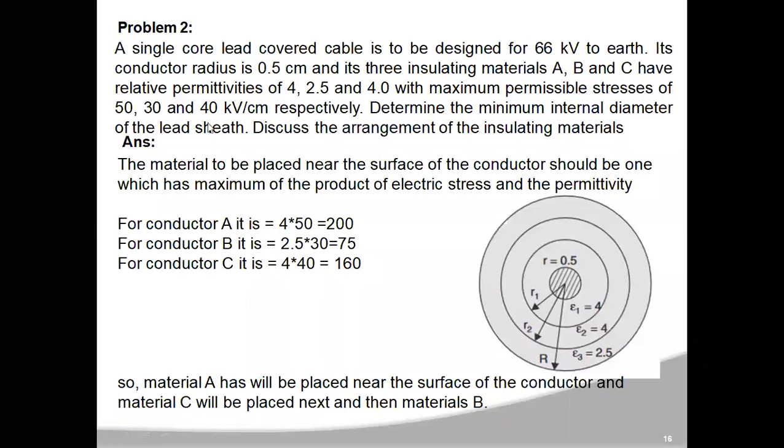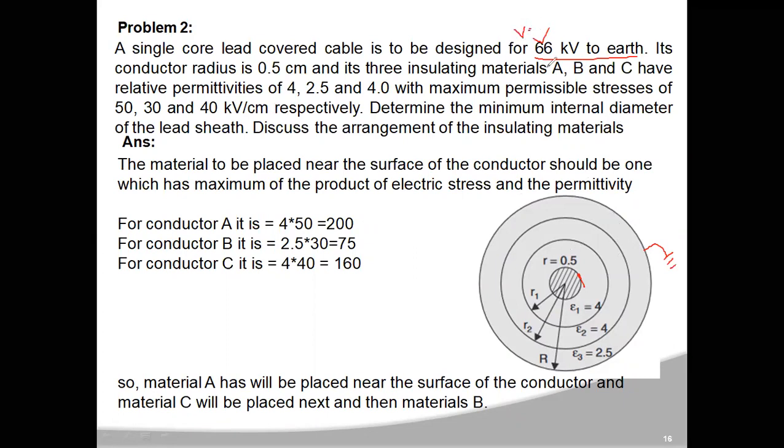Here in this problem, they have given the per phase operating voltage, which is 66 kV. That means the voltage between your conductor and earthed sheath, the operating voltage, will be 66 kV. That is the V value.